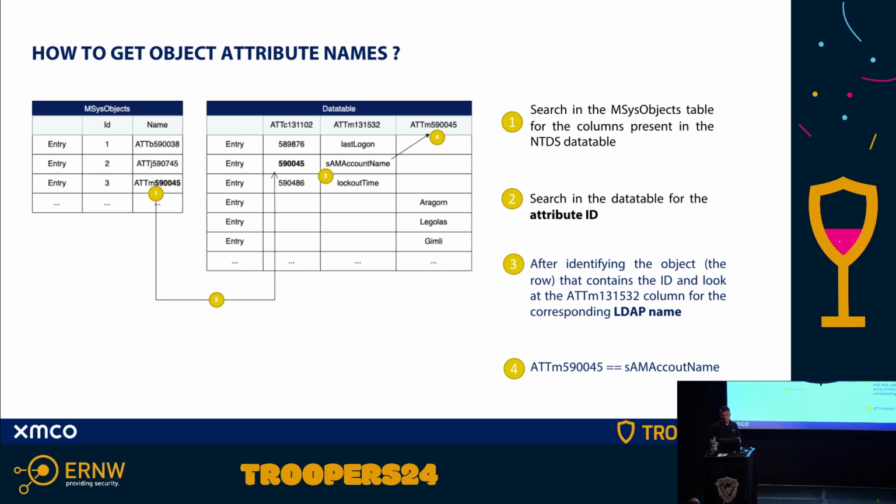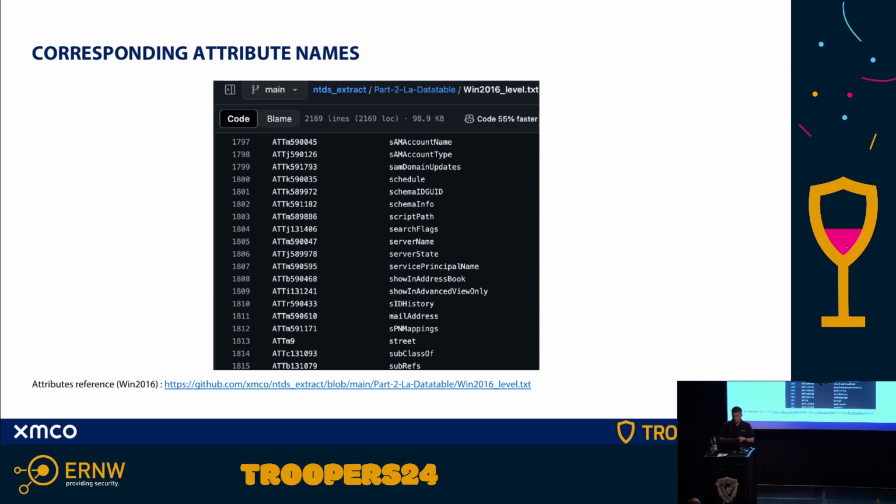So this process is kind of boring, and you don't want to do that each time you look at your NTDS. It's not really documented by Microsoft. I couldn't find a really good dictionary of translation on the Microsoft website, so we just released a script that outputs all the translations between the abstract attributes and the LDAP names.